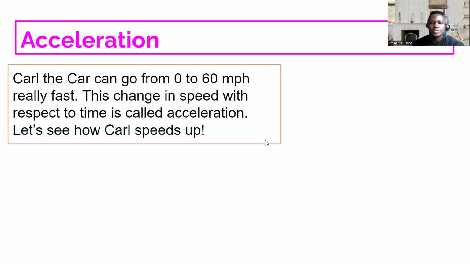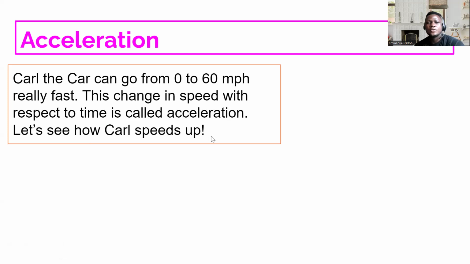So the formula for acceleration is change in velocity over time. Let's look at this scenario. The car can go from 0 to 60 miles per hour really fast. This change in speed with respect to time is called acceleration.